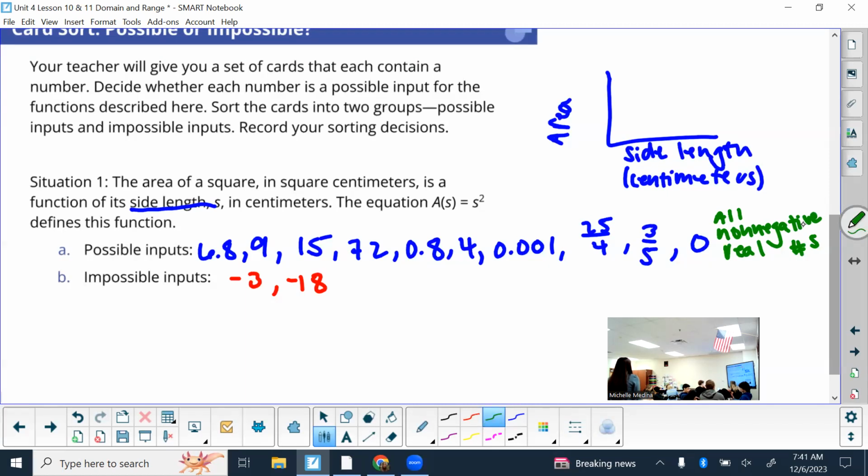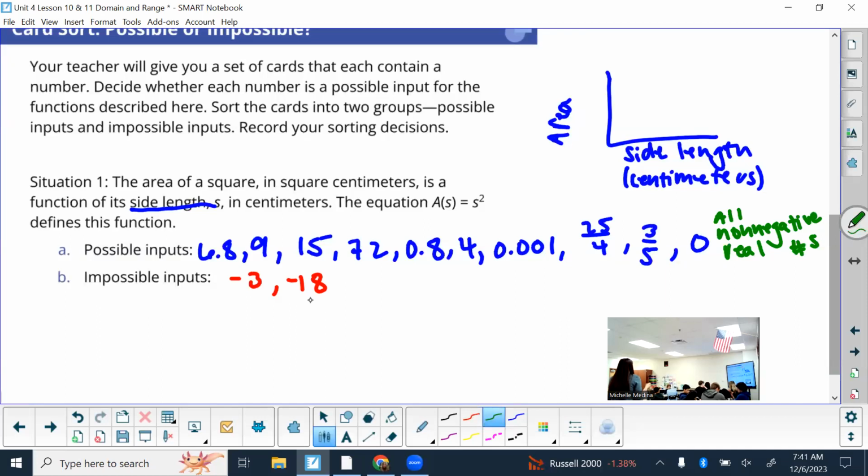Real numbers means that it can be a fraction of a number. It can be a decimal of a number. If I wanted to specify just whole numbers, I would have said all non-negative whole numbers or all non-negative integers. But real numbers lets it be decimals and fractions and things like that. So then for my impossible ones, these are obviously negative numbers. That's why they're excluded. Okay, questions on that?